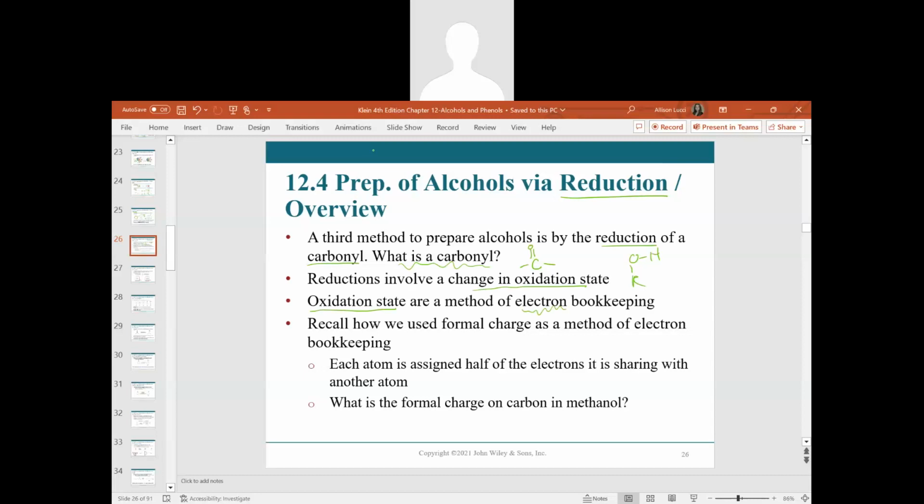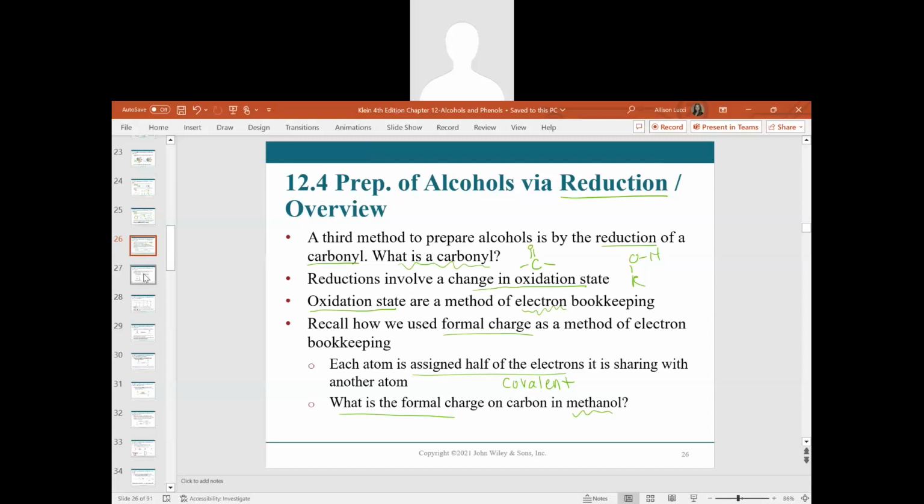So we'll do a quick review of how to use formal charge to determine whether we are performing a reduction, an oxidation, or neither. Each atom is assigned half of the electrons that it's sharing with another atom because these are covalent bonds, and then we can figure out what the formal charge is on the carbon.